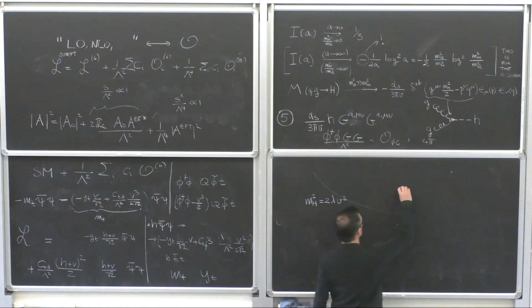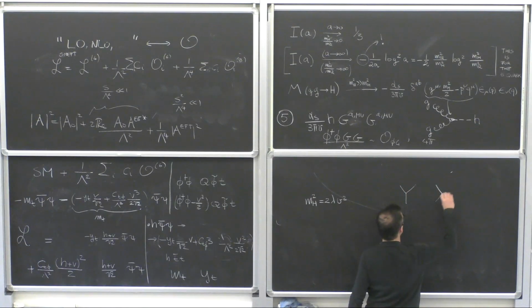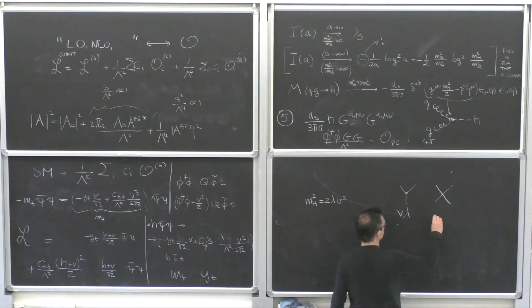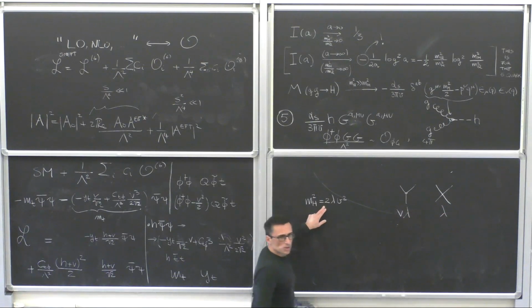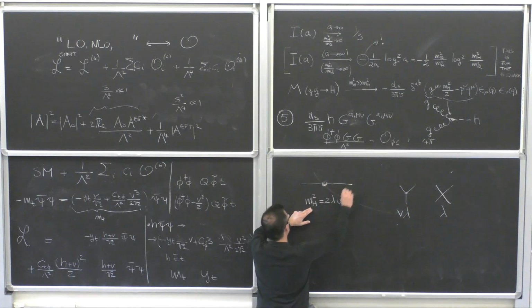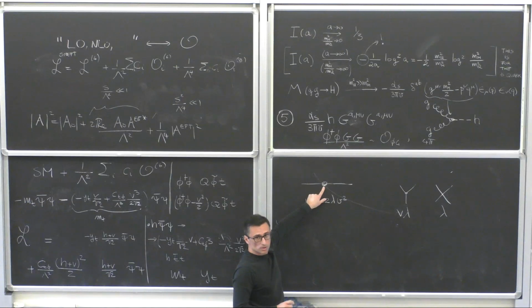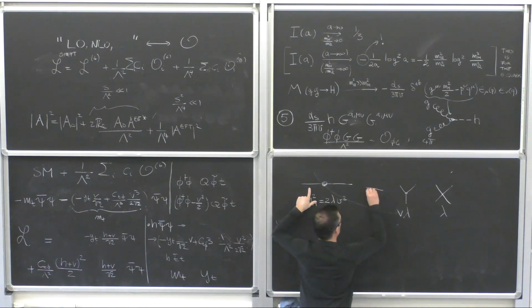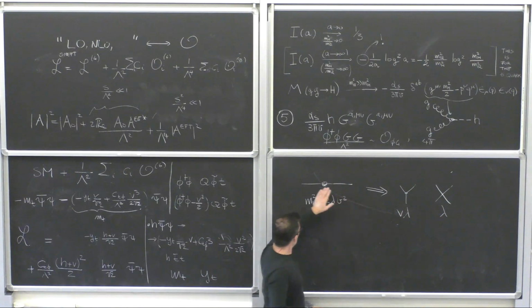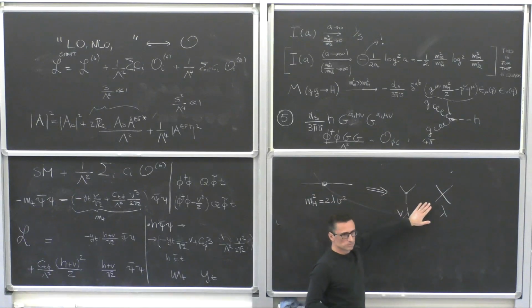So lambda regulates the 3 and the 4 point interaction of the Higgs. Okay, so it means that once you know the propagator of the Higgs, which means once you know the 2-point function of the Higgs, which means the mass of the Higgs, you know all the self-coupling of the Higgs. So I call this locking again. When I know the mass of the Higgs, I know the interaction.